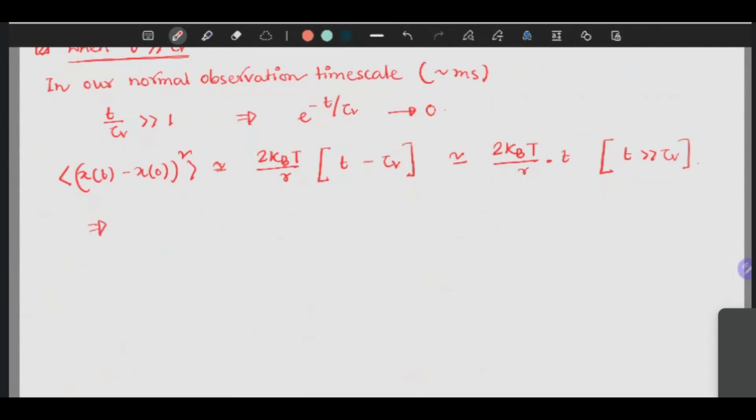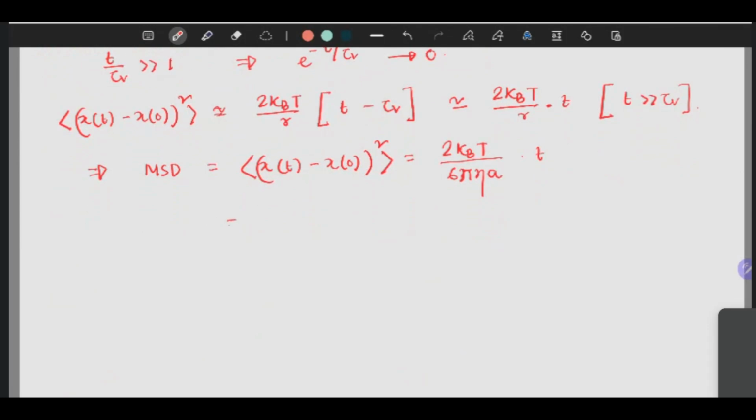So that makes our MSD, or mean square displacement, x t minus x naught whole square, equal to 2 kBT by gamma, which is 6 pi eta a, into t, which is nothing but 2Dt. Okay.